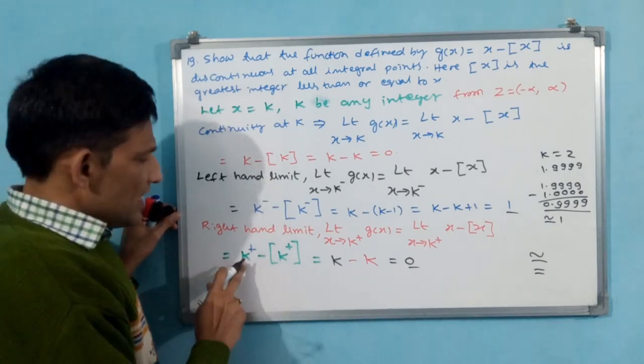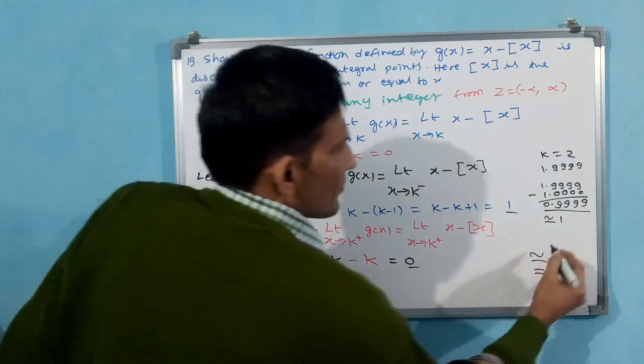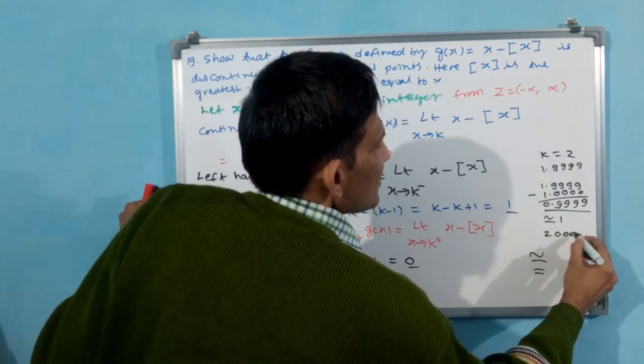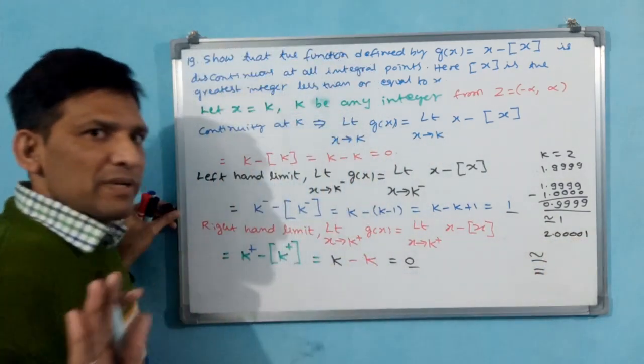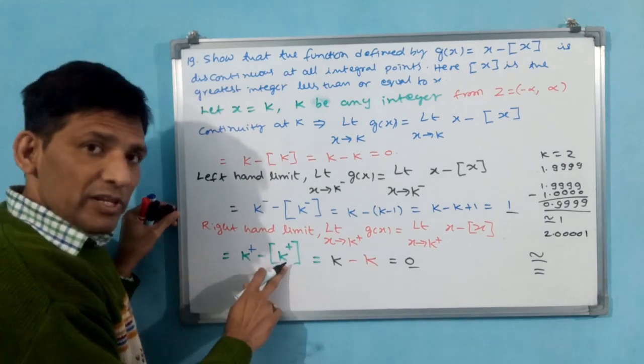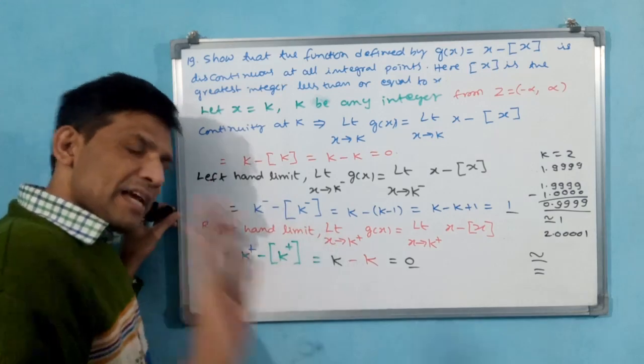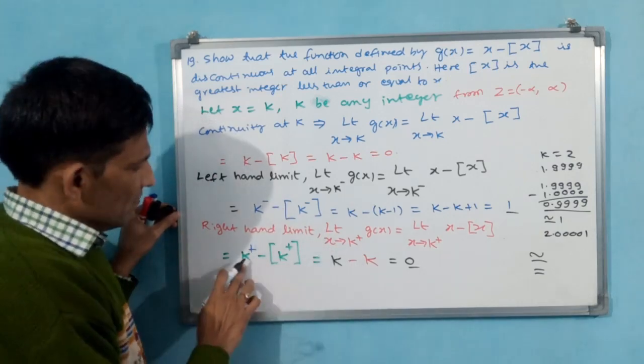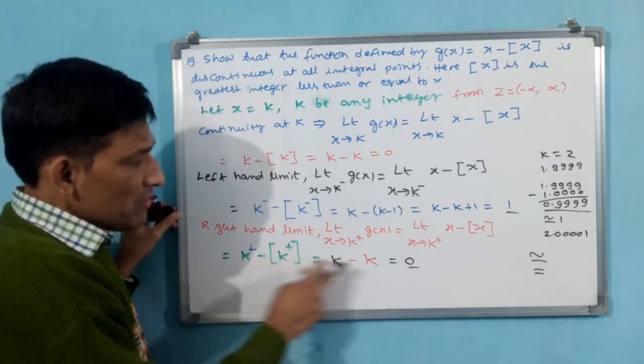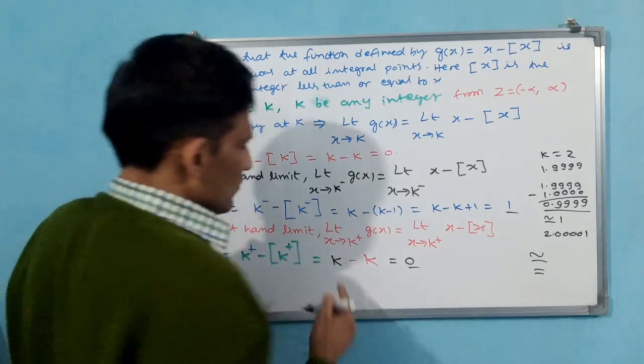Come here. Here k plus means what will come? 2.000001 approximately. Okay, we have taken. Here also k plus you have given 2.001, but the output here k plus 1, like that only it has come. You think why 2.001? But this will make 2. Why?